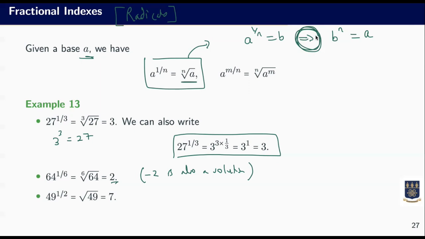And for the square root of 49, you get 7, but obviously minus 7 is also a solution. So when we talk about the root functions, if it's an odd root, so cube root, fifth root, and so on, there's only one number. But if it's an even root, you could have a positive or a negative.